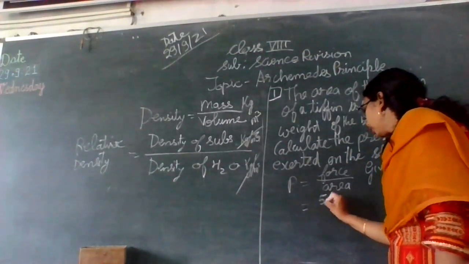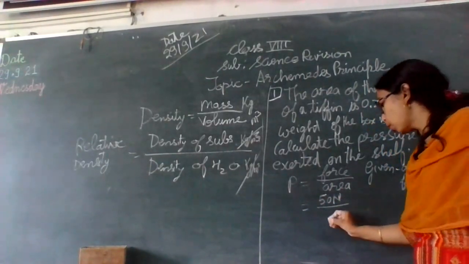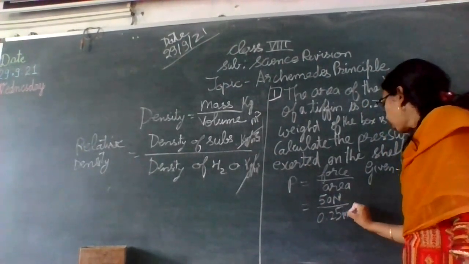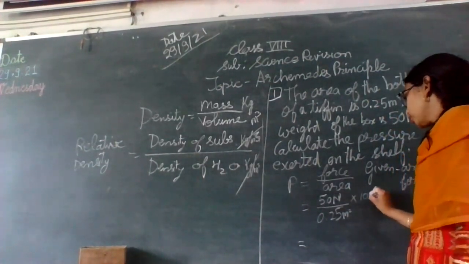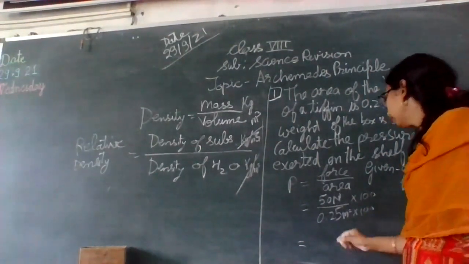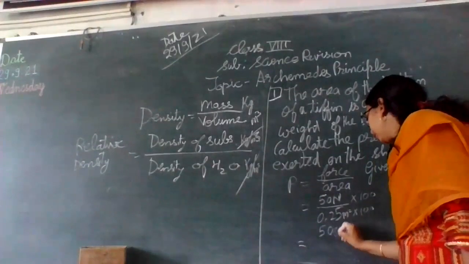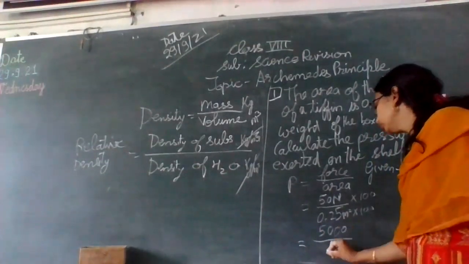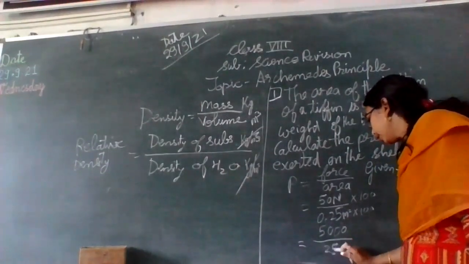Now the same values, when we put in the formula, what are we going to get? Force is 50 Newton, that is the weight of the tiffin box, and area of the box is 0.25 meters square. For easy calculation, one way is multiplying both numerator and denominator by 100, so that we can remove this point. 50 with 2 zeros added is 5000, and 0.25 becomes 25.